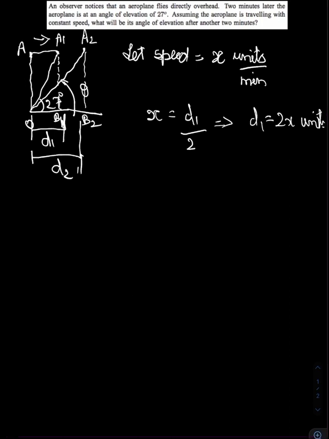For triangle O, A2 and B2, the distance would be, since speed is constant, speed is equal to distance by time, d2 by time, which would be 4 minutes. Therefore, we found d2 is equal to 4x.